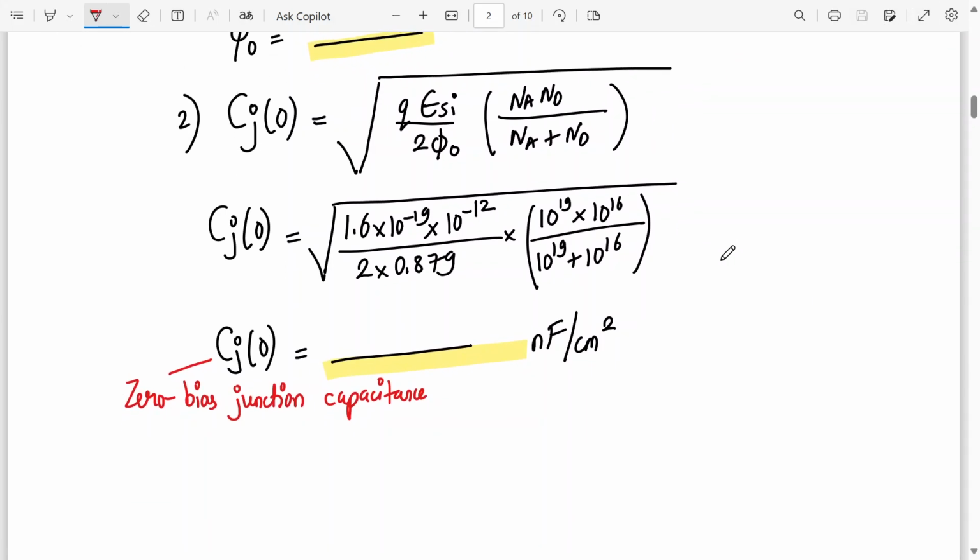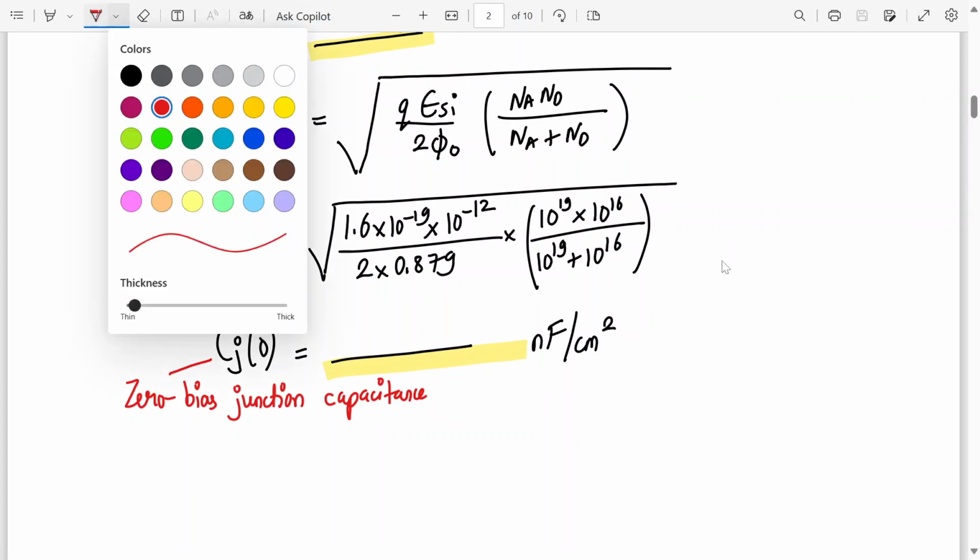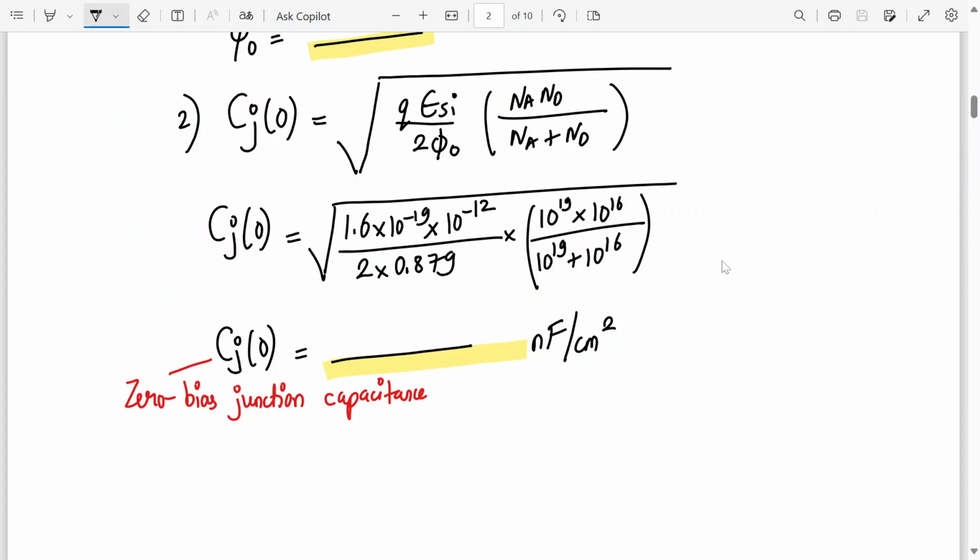How much is it? Anyone? Cj0 unit is farad per centimeter square, but I wanted nanofarad per centimeter square.